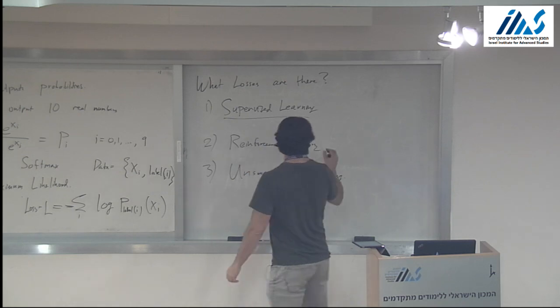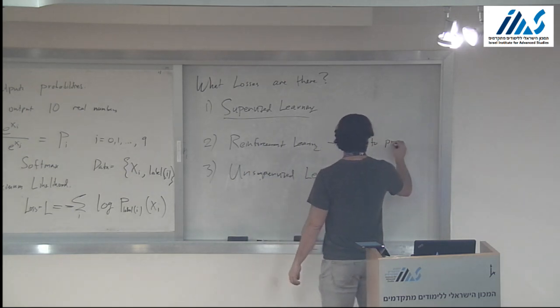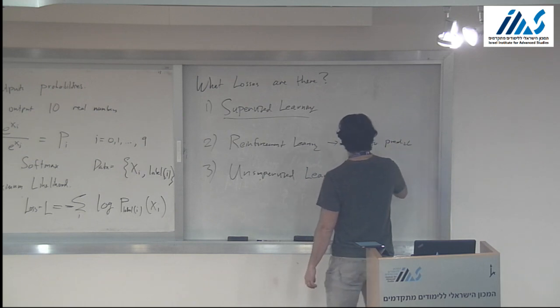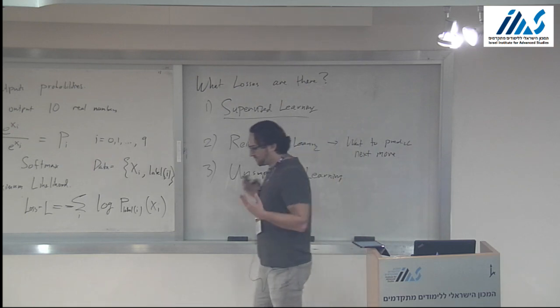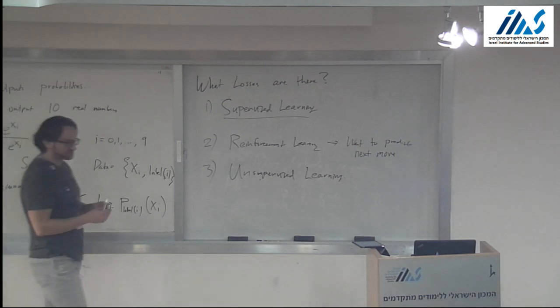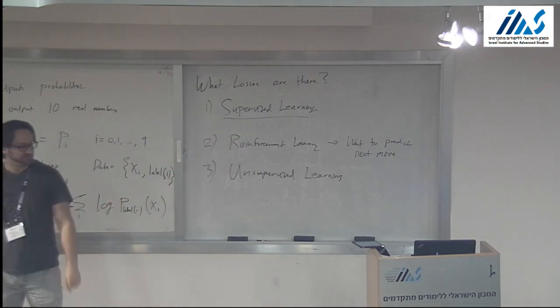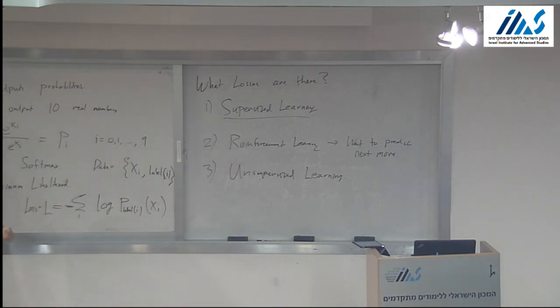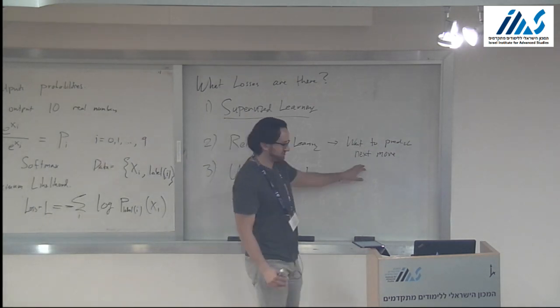But the output that you want, we want to predict the next move that we should make. And by predict next move, we want to be able to say what move you should make in order to win the game and do well. And that's true in Go. It's also true in Atari. In Atari, you see the screen of a game, and you'd like to predict how you should move the mouse or the joystick or something to win the game.